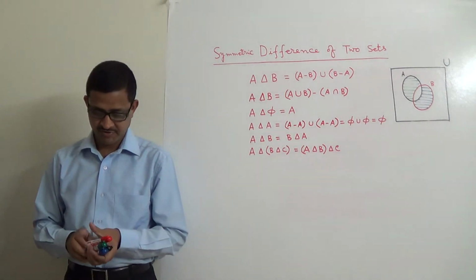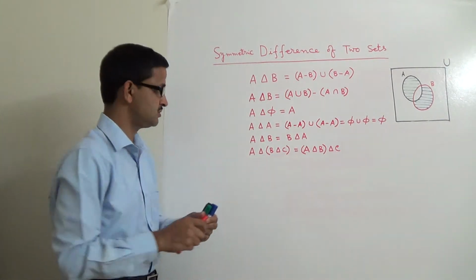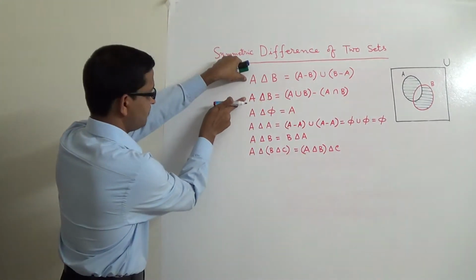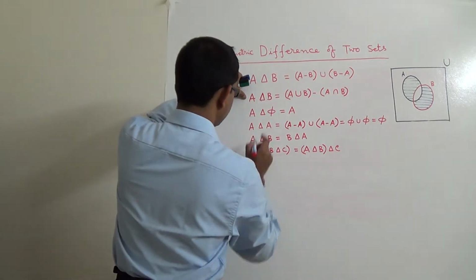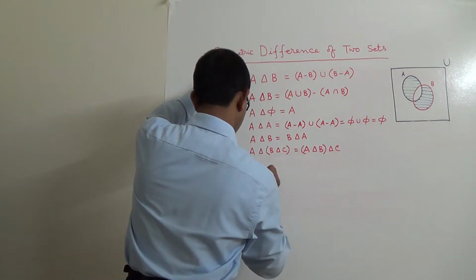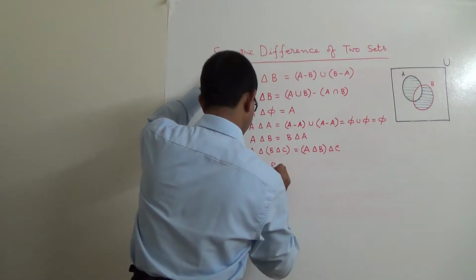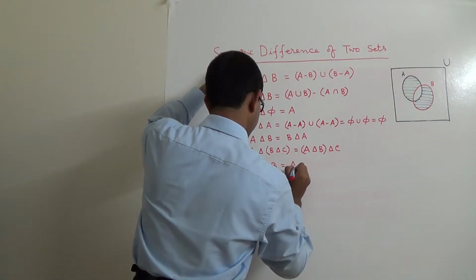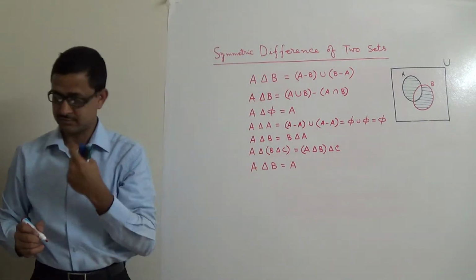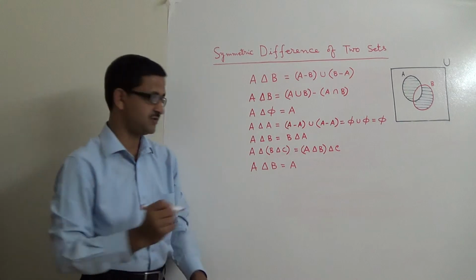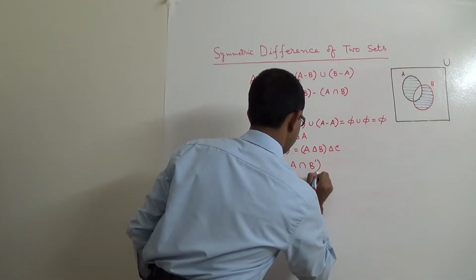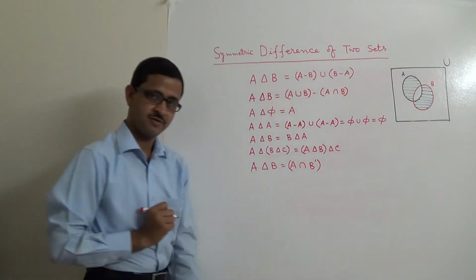Another interesting property is that we can write the same thing. We earlier defined two different forms of A symmetric difference B, and we can also write A symmetric difference B is equal to A intersection B prime, right?